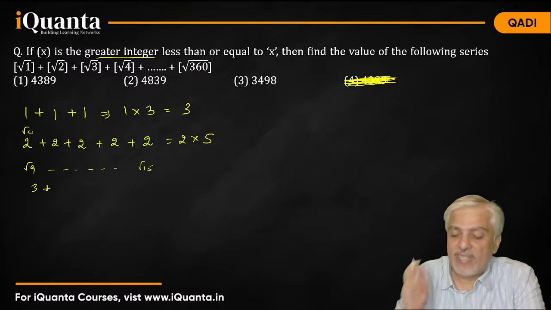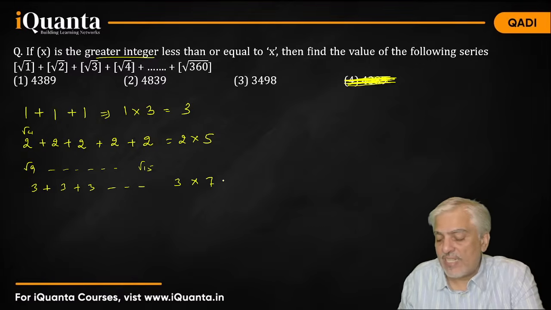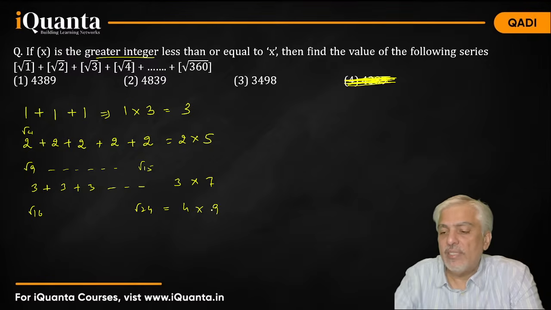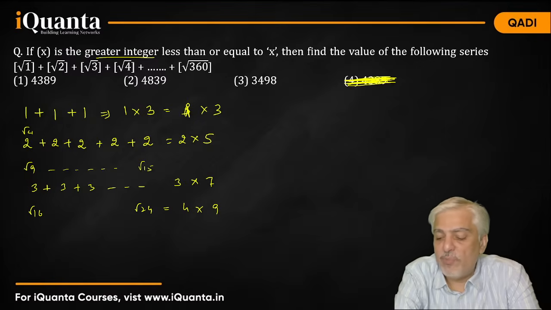So that will come 7 times. 3 will come 7 times. Last time I'm checking, root 16 to root 24, all of them will give me 4. And this will come 4, 9 times. Now first check and tell me, have you all understood this much? Has everybody understood this much?